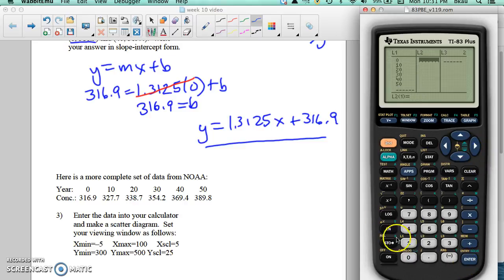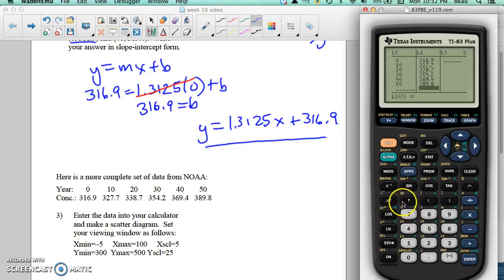We'll move over to this list over here, 316.9, enter, 327.7, enter, 338.7, enter, 354.2, enter, 369.4, enter, and 389.8, enter. Now we're going to want to look at this in our scatter plot.